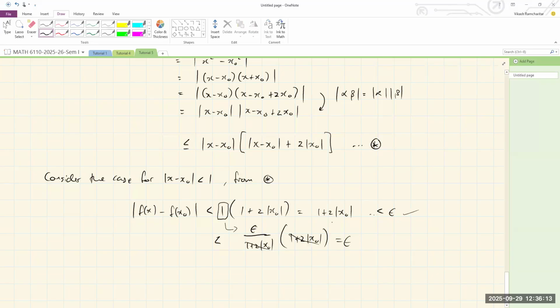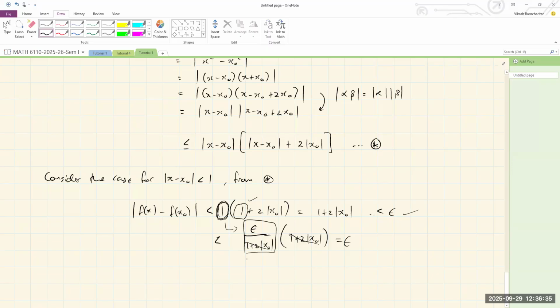So essentially what is that saying? That tells me that the inner one being less than 1 is okay. The outer one, modulus of x minus x0, should be less than this number.